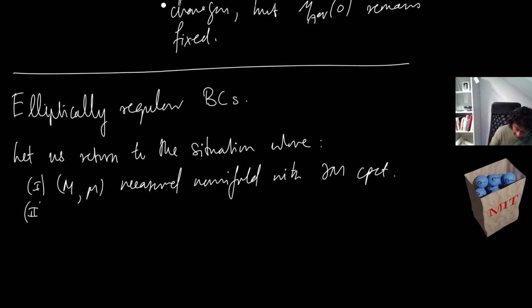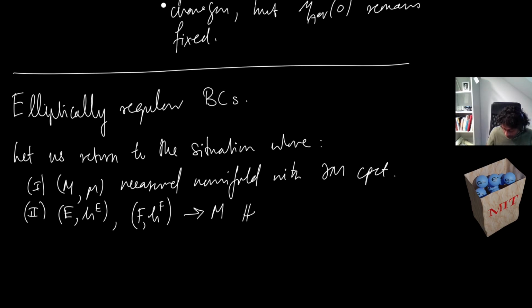We had E, so this is already listed somewhere in the notes. These are Hermitian bundles.